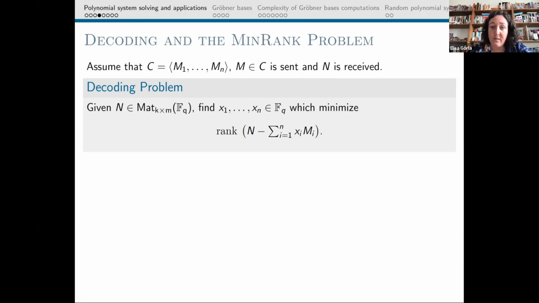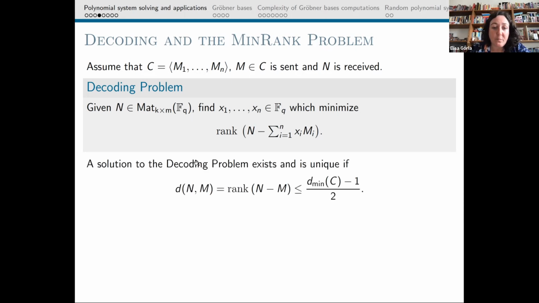And this is the most important problem in coding theory, in the sense that that's what you have to solve all the time in order to make your transmission robust, working. And it can be shown, this is easy to show actually, that the decoding problem has a unique solution if and only if the number of errors that occurred is not too much.